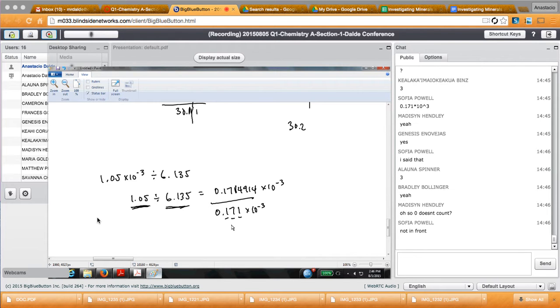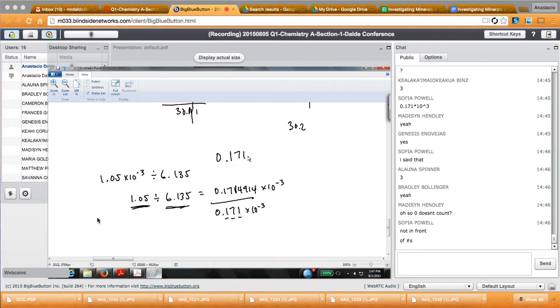So the leading 0 in 0.171 does not count. What I have here, 0.17, is only 2 significant figures. That's why Alana said, hey, that's the answer. Well, no, that's not the answer. You need the extra 1 because that's 3 significant figures.